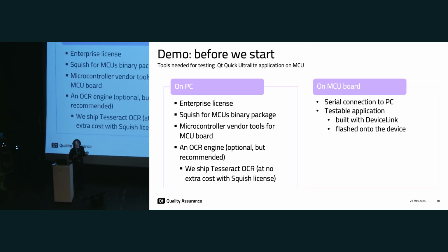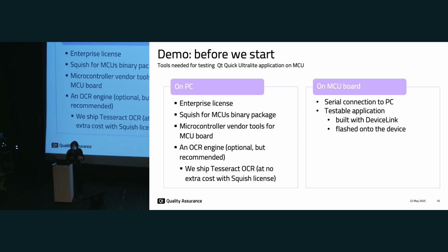On my PC, I need the enterprise license to be able to use Squish for MCUs. It's downloadable as a binary package for Windows and Linux from our customer download area. I will need the vendor tools that I download from the vendor of the microcontroller, but the Squish installer can help you with it. It has a helpful user interface to locate these tools and to install them.